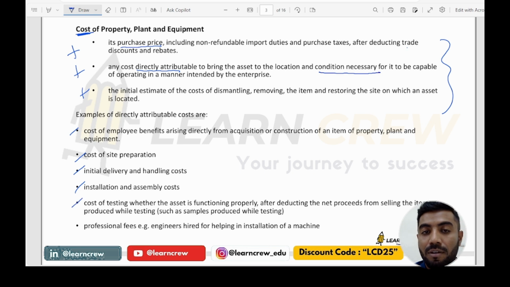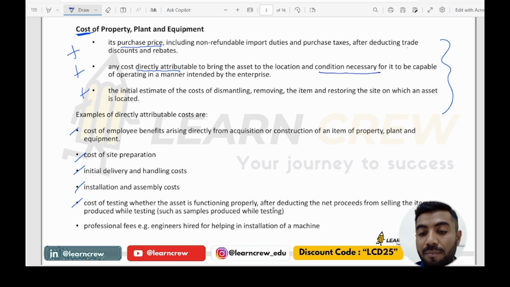Cost of testing whether the asset is functional. If there are huge automated machines which will automatically prepare items such as cans and bottles, in that case the cost of testing whether the asset is functioning properly will be directly attributable cost.